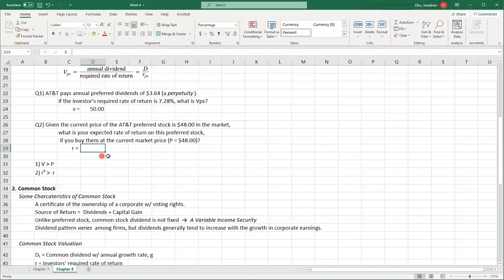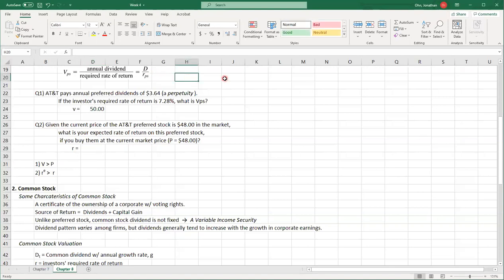If you calculate this one, the question here is, what is your expected rate of return? That means you have to solve for R using the model.